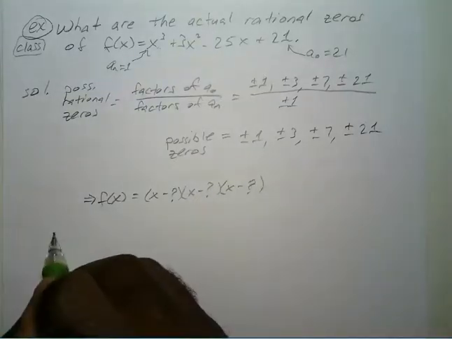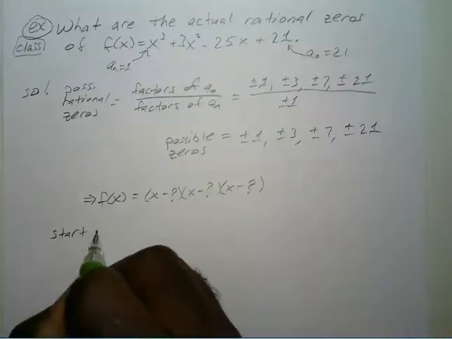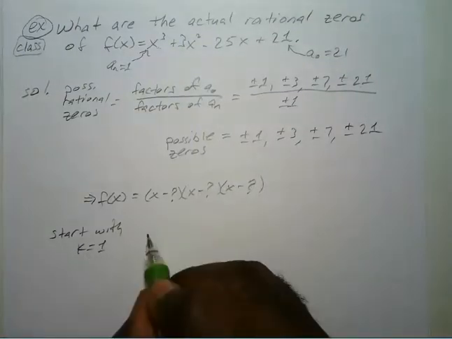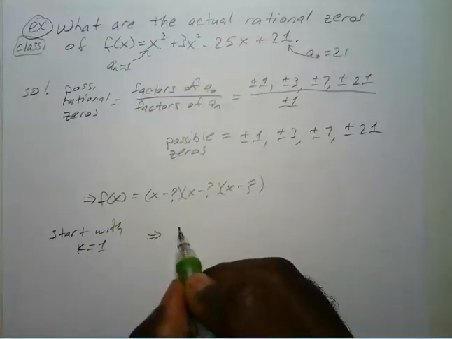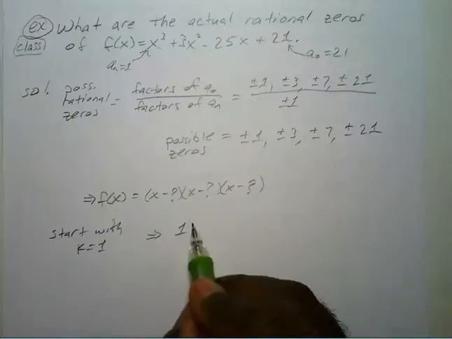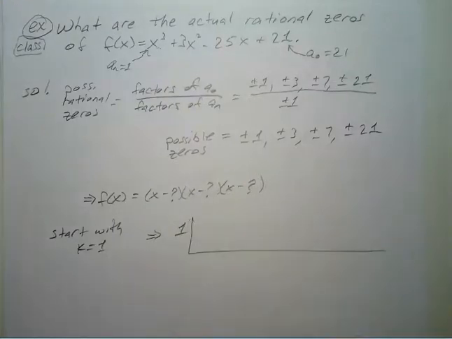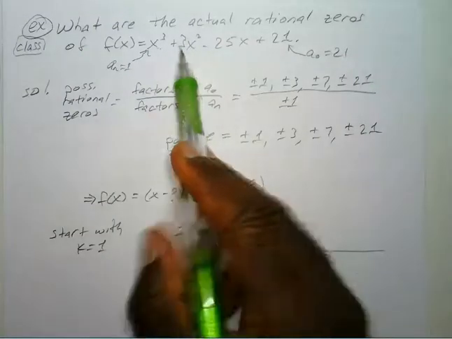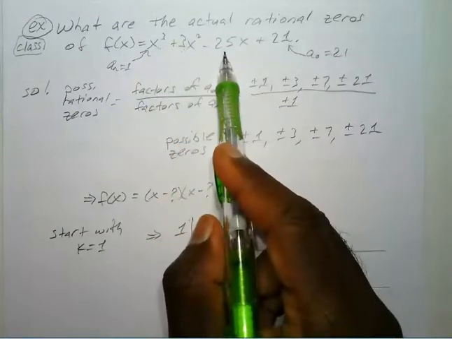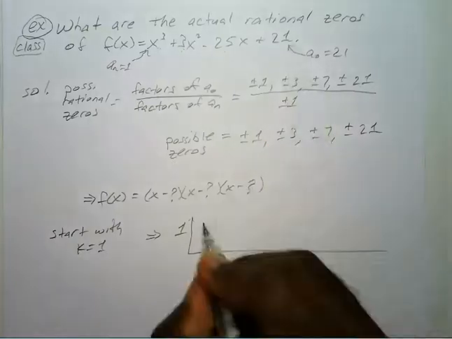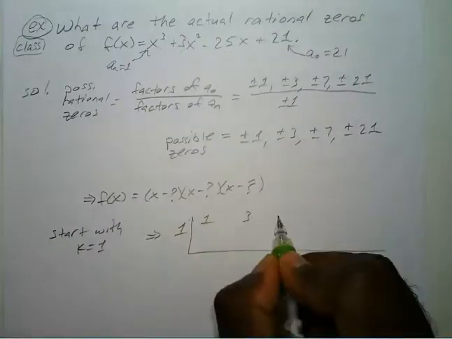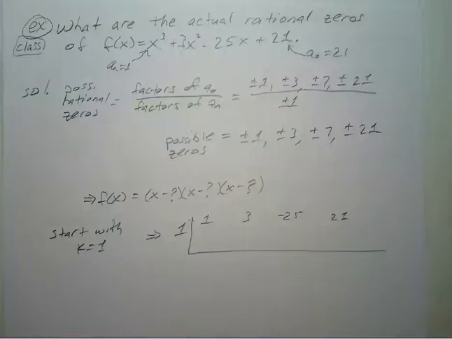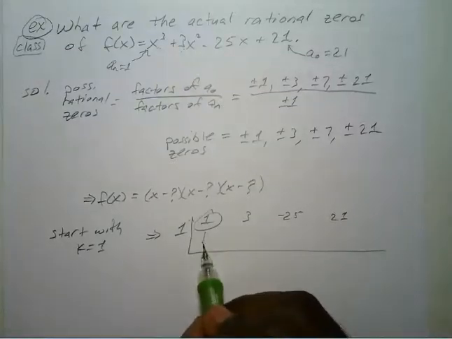Okay, so if we start with k equals 1 and use our synthetic division, you have your coefficients, just 1, 3, negative 25, and 21. So we bring down our first one.